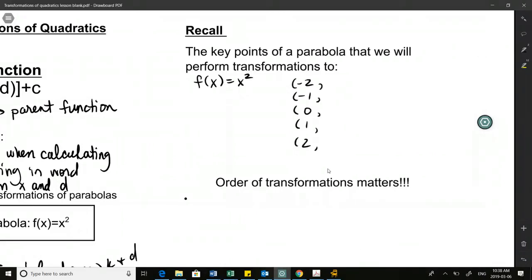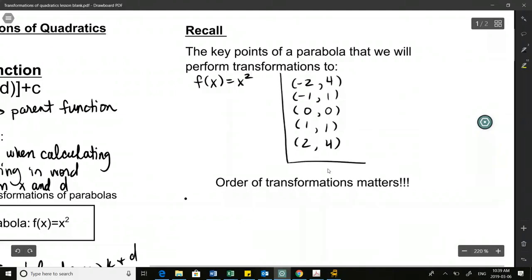So we decided that some negative ones as well as 0 and a couple positive ones were giving us a good graph of our quadratic here. And then I just square them to get my y's. So as long as you remember the x's that we use, you can always get the y's by just squaring them like the function tells us to. So 4, 1, 0, 1, and 4. So these are kind of what we're using in our whole lesson today.